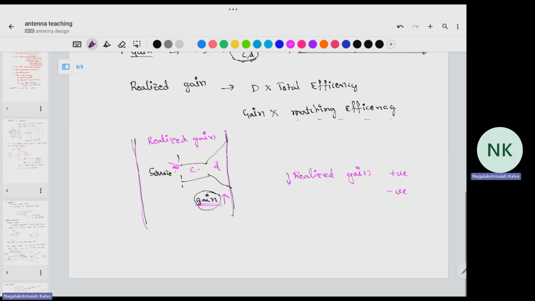That's the only implication we have, and that's the relation between directivity, gain, and realized gain. Whenever you are designing an antenna, we have to concentrate most of the time on this term.